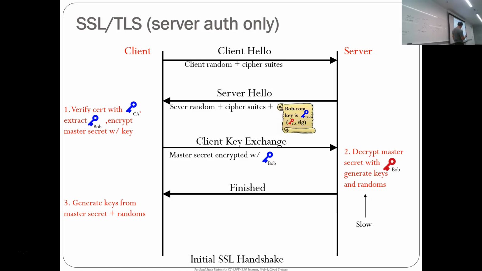Okay. This is incredibly slow. If you look at who does the work, most of the hard work is done on the server. This would deter people from deploying HTTPS if they don't have the hardware to support a whole bunch of connections trying to do this. All right, and then you have your HTTPS data below.